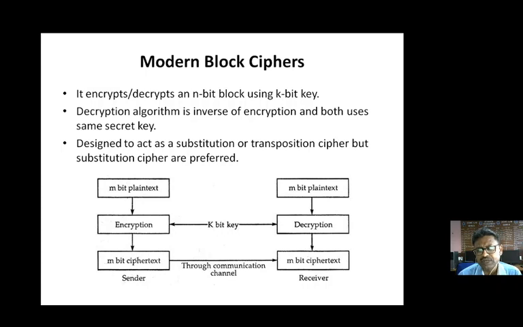But in the case of a transposition cipher, suppose we have 64 bits as plain text, with 30 zeros and 34 ones. In transposition, only the bit positions change, but the number of zeros and the number of ones remain the same.